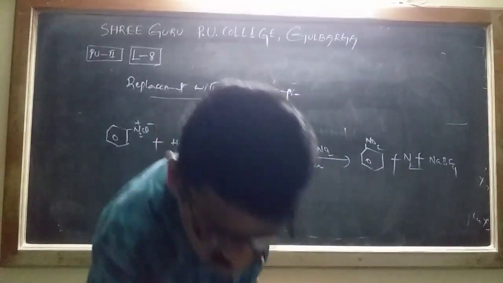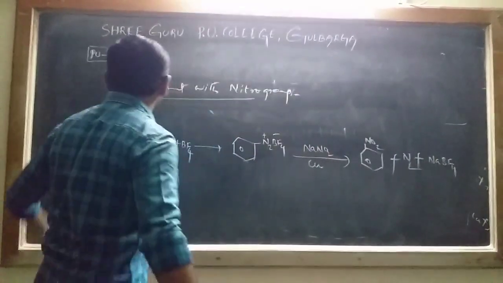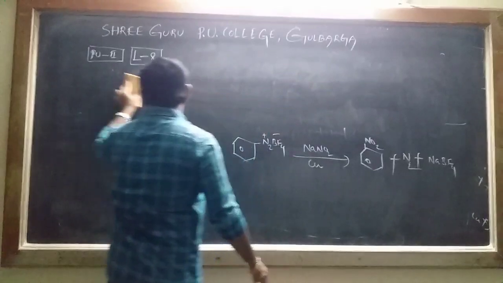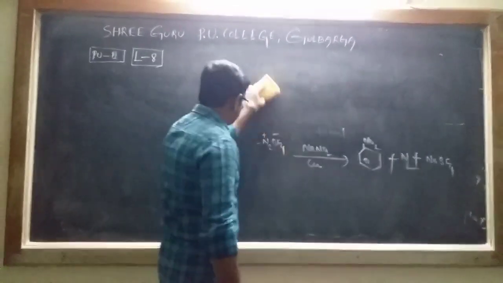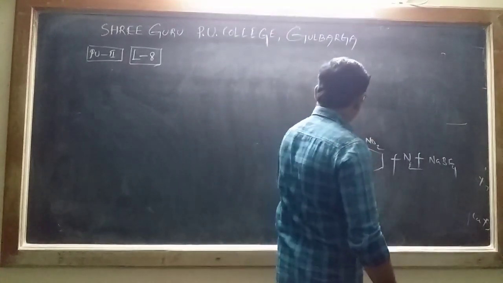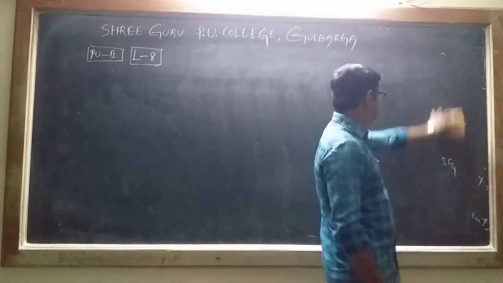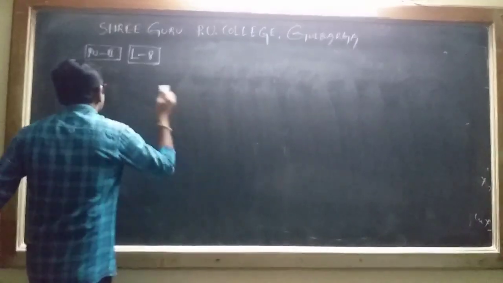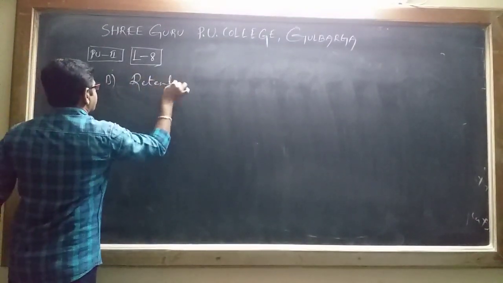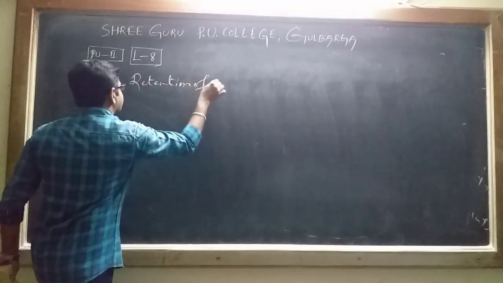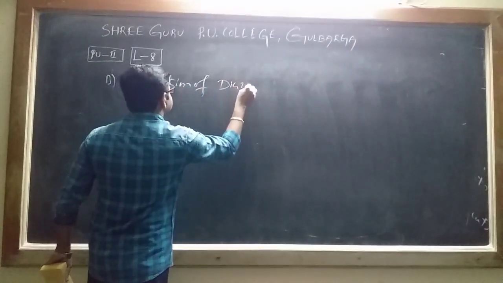Next we will enter into the second category of reactions, that is retention of diazo group. B category reactions: retention of diazo group.